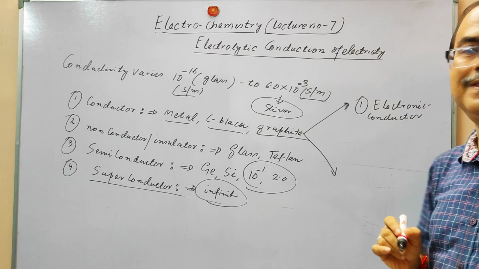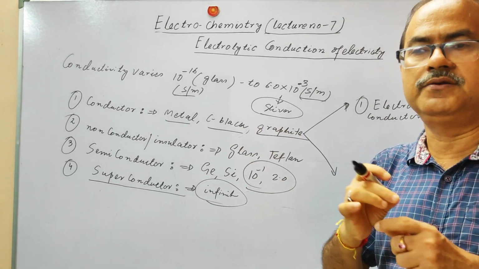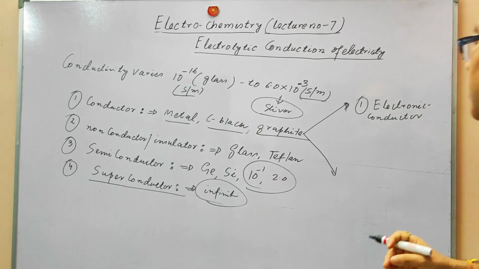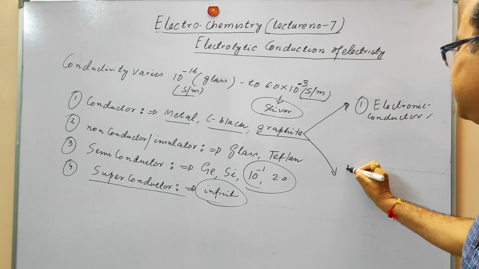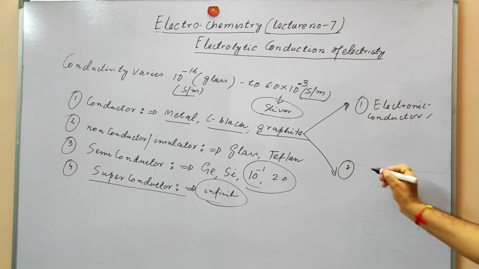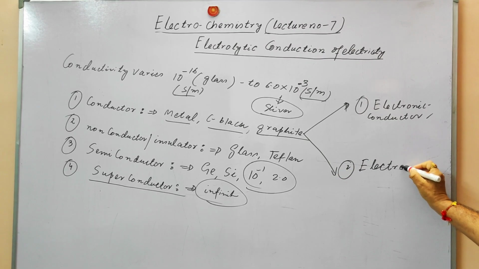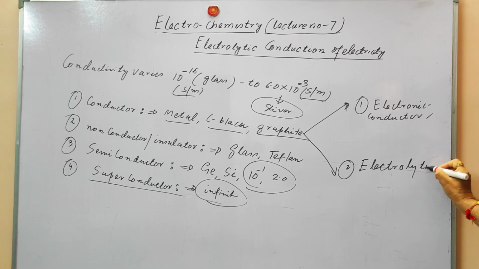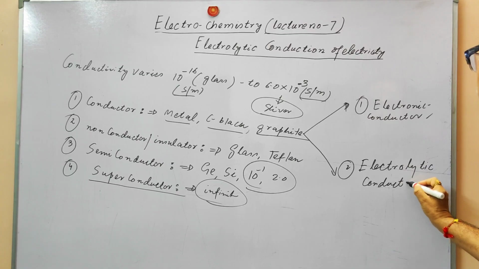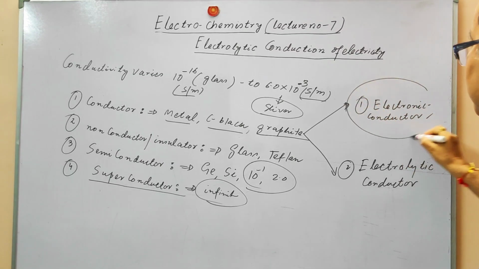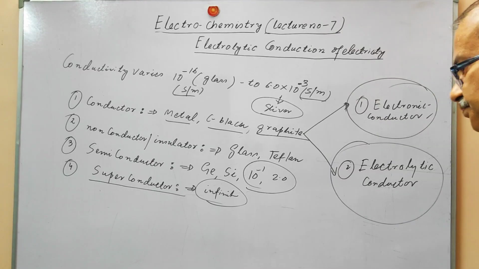This is like metals such as copper and silver, which pass electricity through them. The second type that we are going to discuss is the electrolytic conductor. So there are 2 types of conductors: electronic conductors and electrolytic conductors.